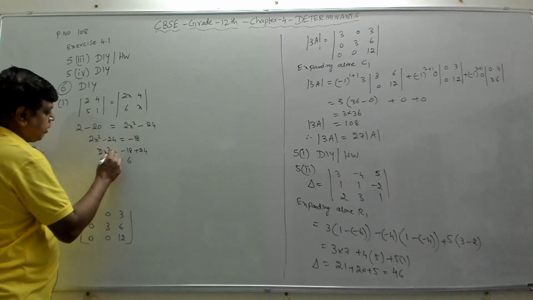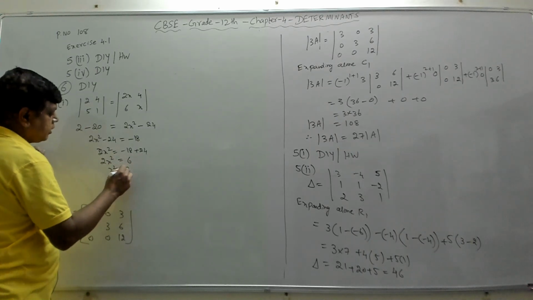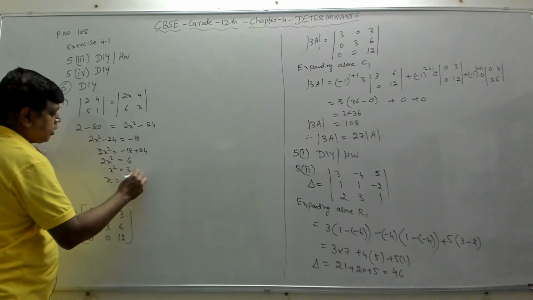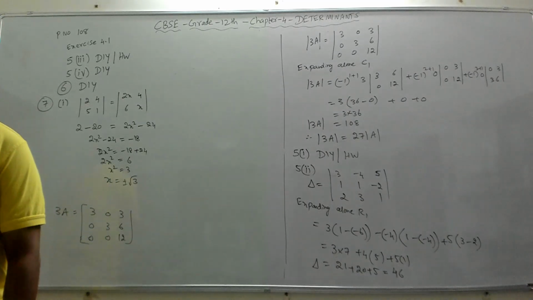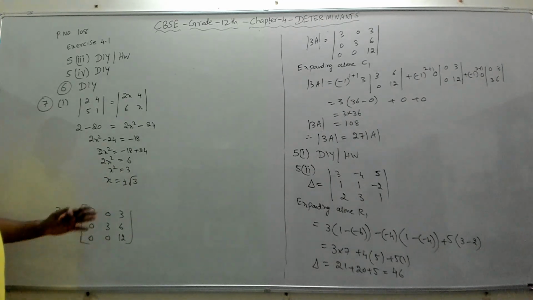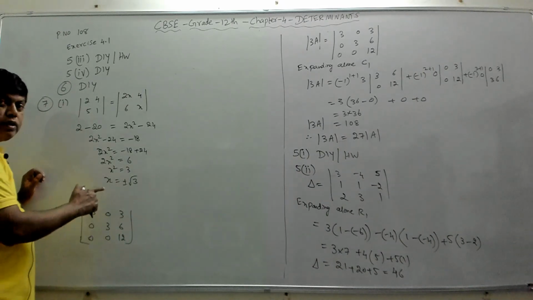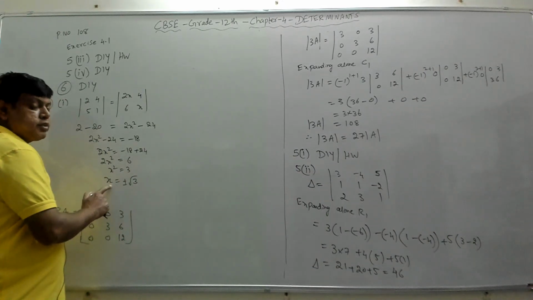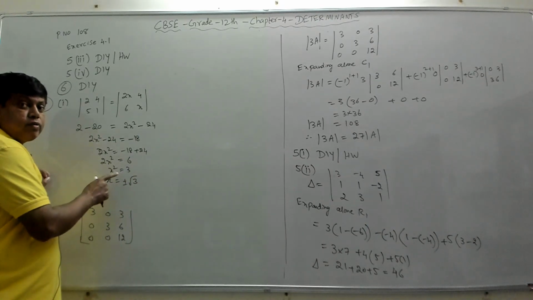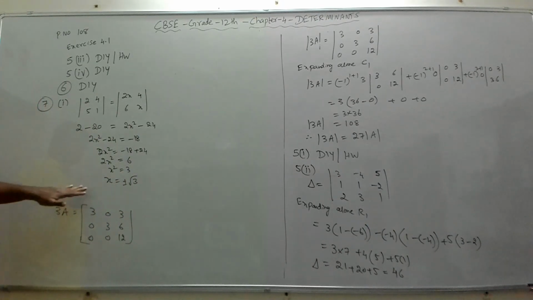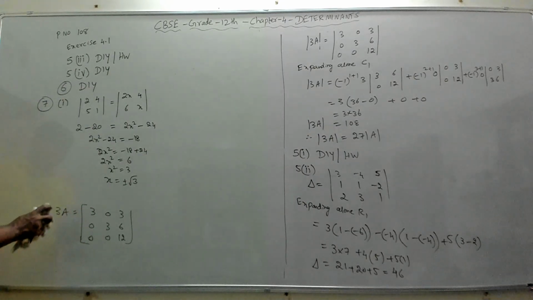So your x square is 3. Your x is equal to plus or minus square root of 3. That is the value of your x. Generally I have seen students writing x square equal to 3 and then just writing x is equal to plus root 3. No, it is plus or minus. You have to consider plus as well as minus. Fine. So that is how we do this.